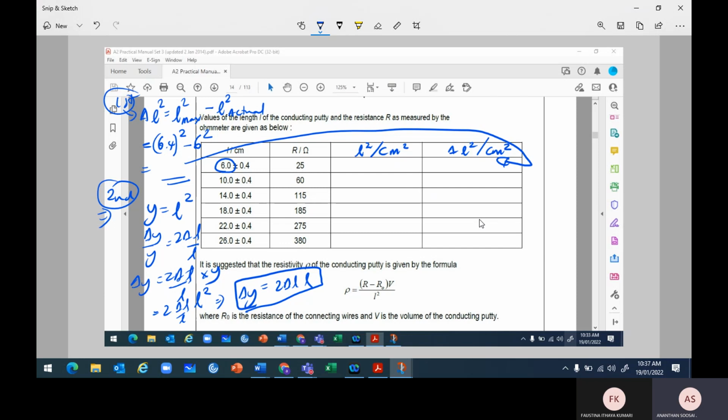So first step, try to get the values correctly. I'll show you the answer. Okay, give you 2 minutes, complete your data.